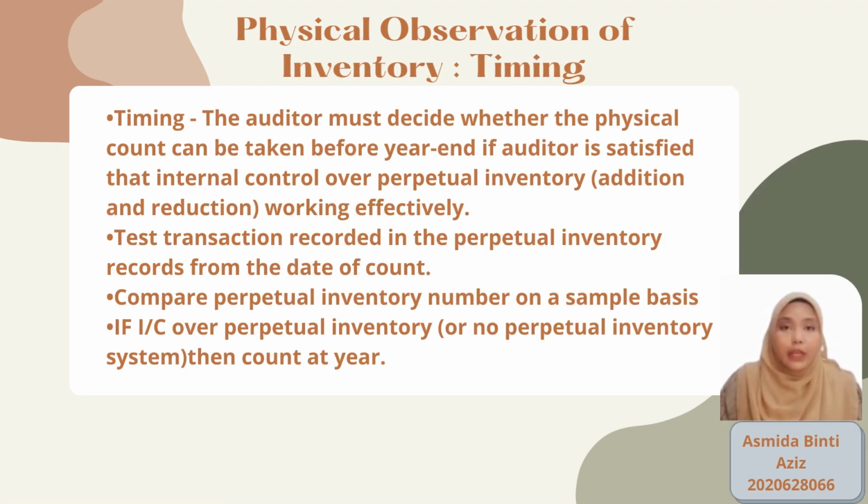First, for timing, the auditor must decide whether the physical count can be taken before year end if the auditor is satisfied that internal control over perpetual inventory is working effectively. Test transactions recorded in the perpetual inventory records from the date of count. Compare perpetual inventory numbers on a sample basis. If internal control over perpetual inventory is effective, then count as of year end.